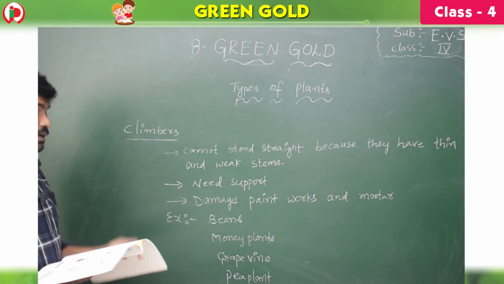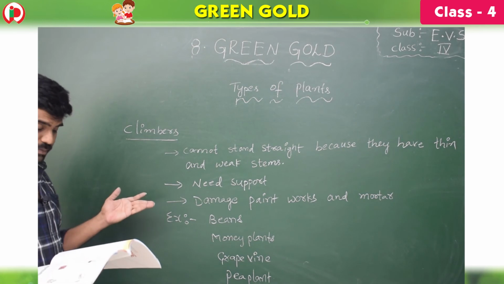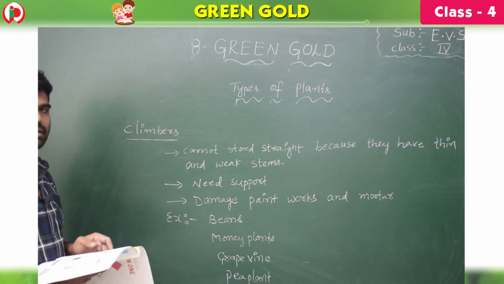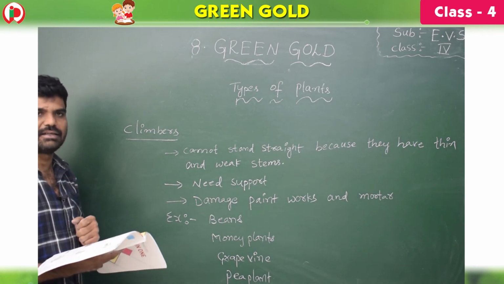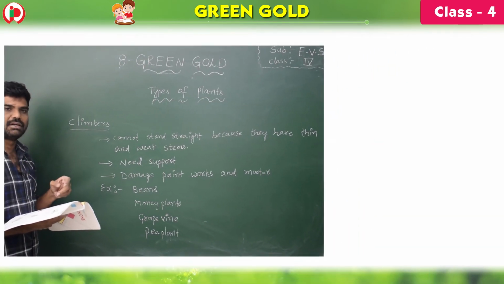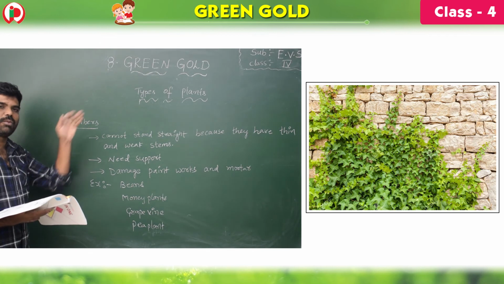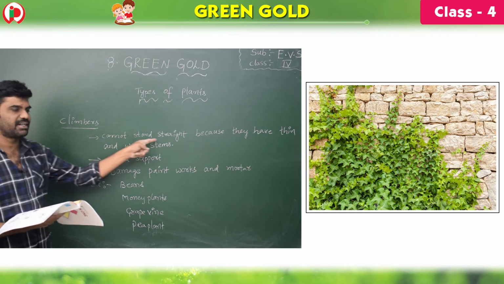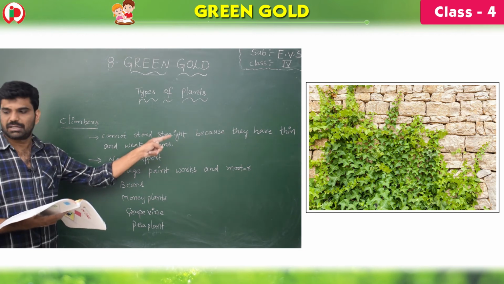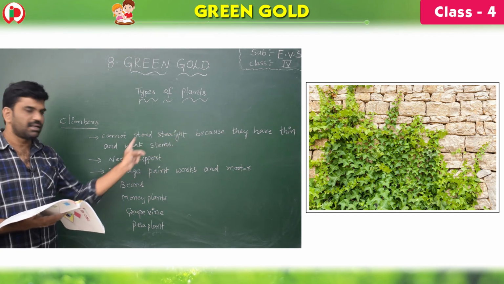Children, we have learnt herbs and shrubs. Now it is climbers, children. In this word only the meaning is there. If you observe, some plants climb on the walls, children. Actually, they cannot stand straight because they have thin and weak stems.